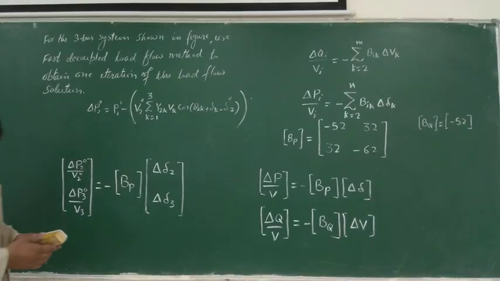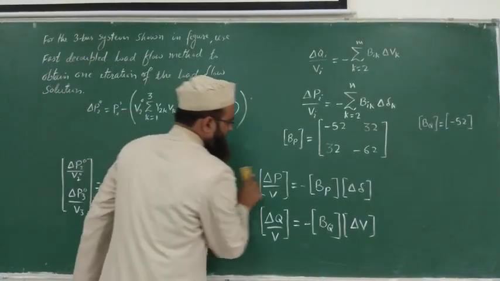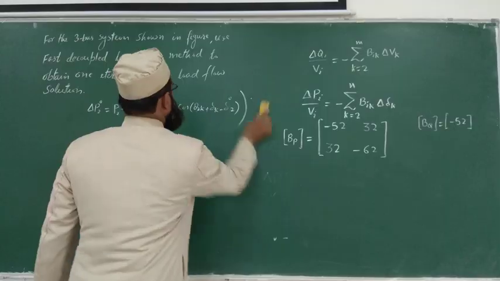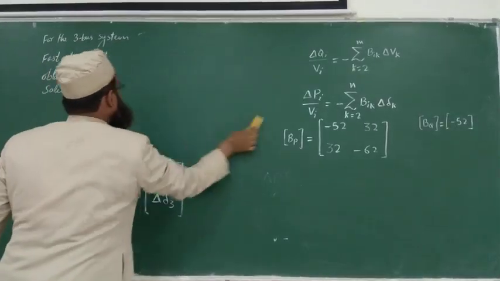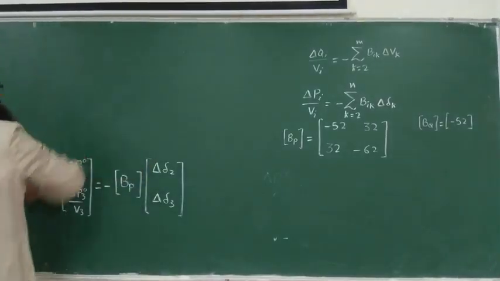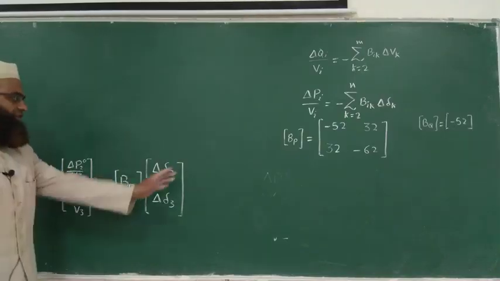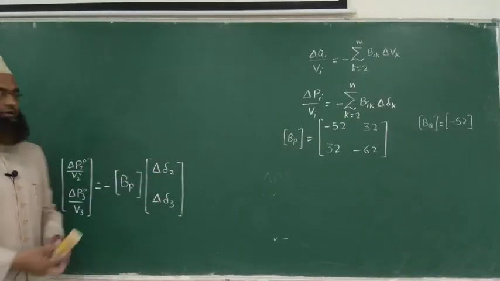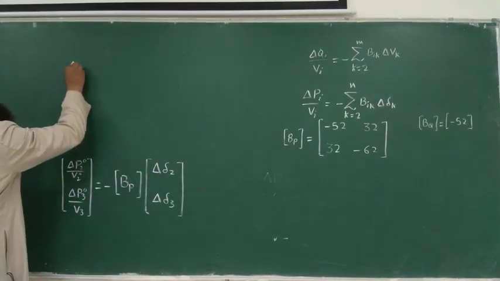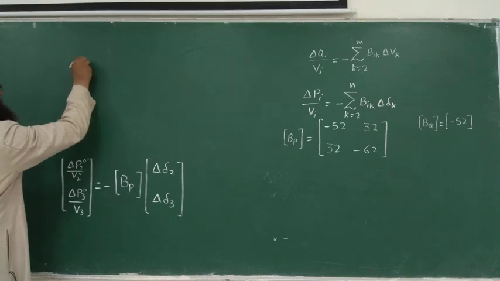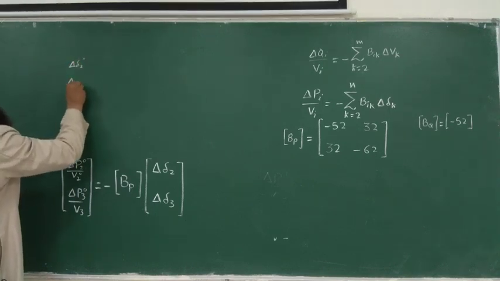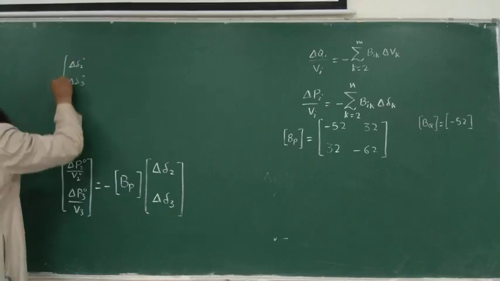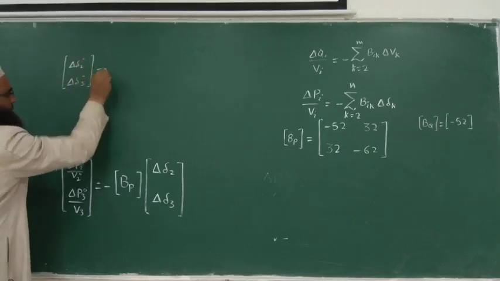Okay. Again, I am writing, we need to evaluate these corrections, right? So you may write del delta 2 0, del delta 3 0 as this.